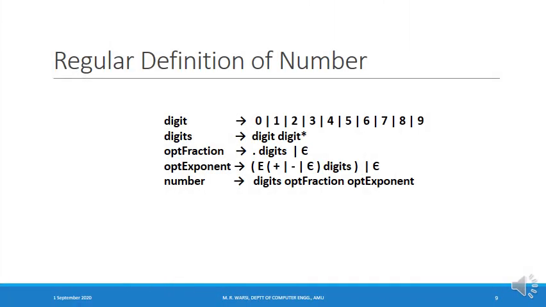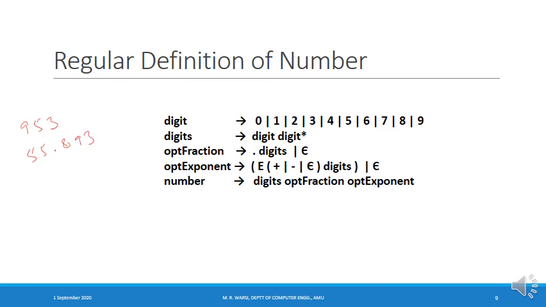Let's now consider a regular definition of number. Before we discuss that, let us discuss different ways of writing the number. For example, 953. This is one way of writing the number. Another could be 55.893.